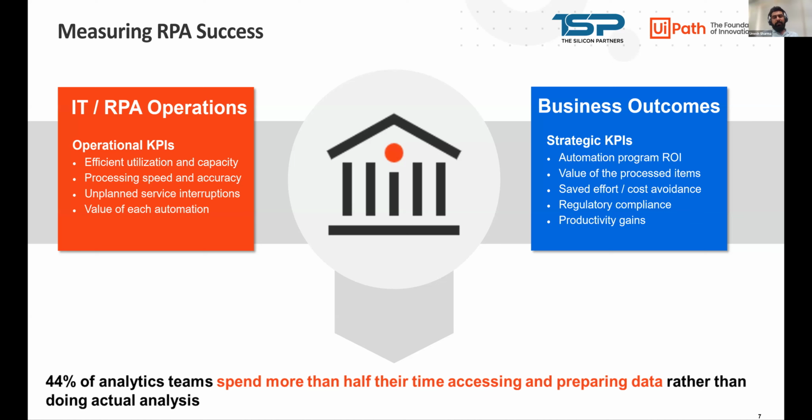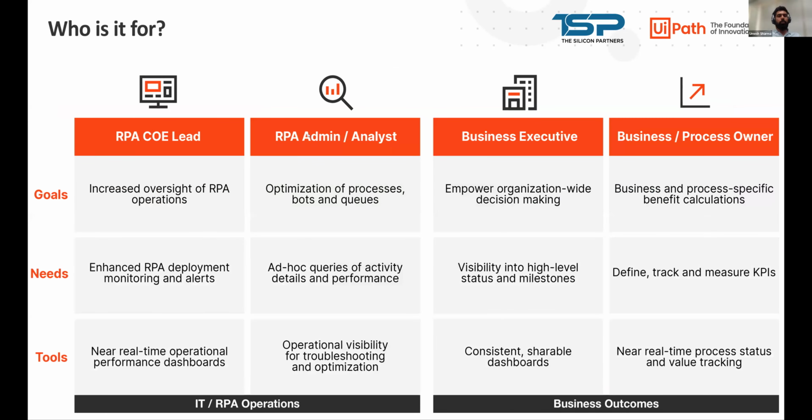These are metrics we use to grow and scale RPA in organizations. Business KPIs might include ROI, which is return on investment, and also hours saved, money saved, and the process outcomes. We'll discuss more about this in our upcoming slides. So let's continue with the next slides, which is about who it is for.